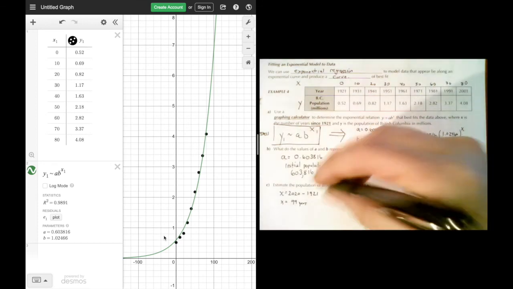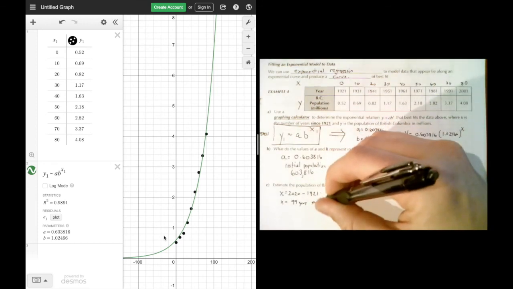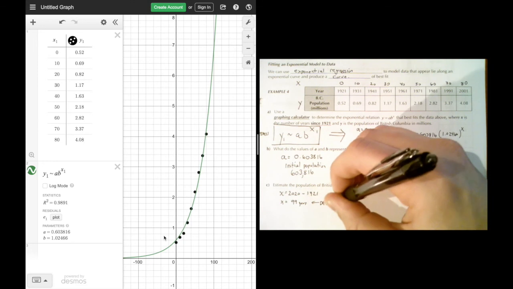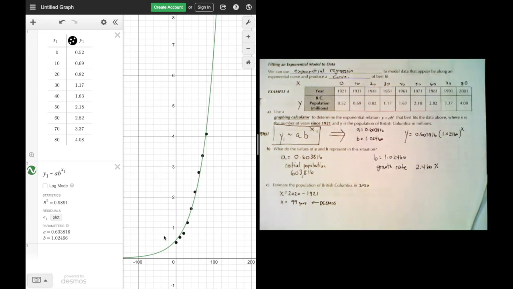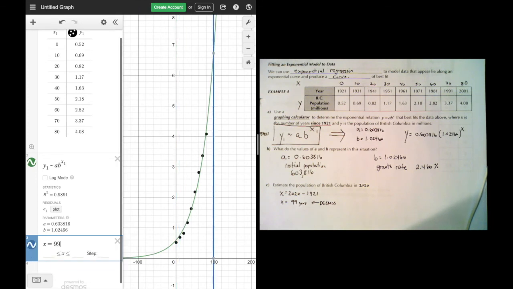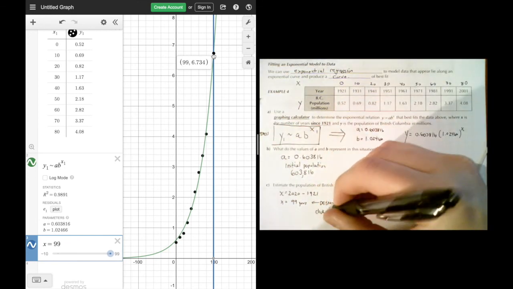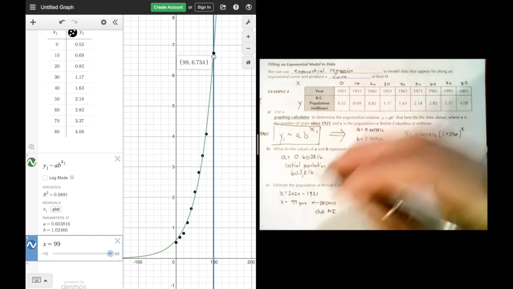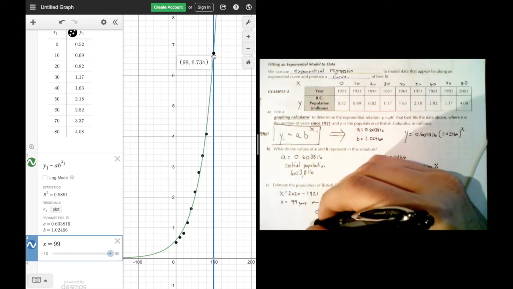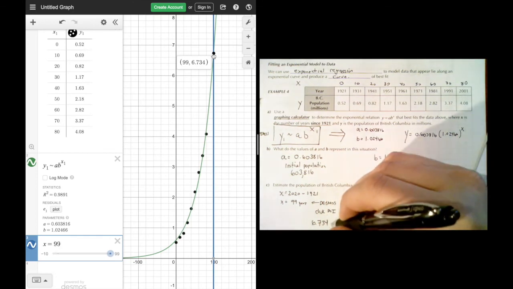So we can use Desmos to figure that out. How do we do that? Well, we type x equals 99, and we go see where we hit the curve. In Desmos, click POI, and we get 6.734 million.